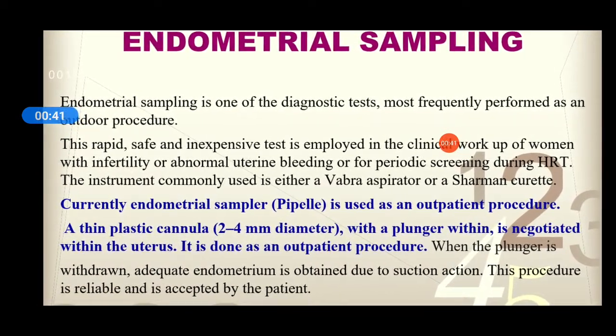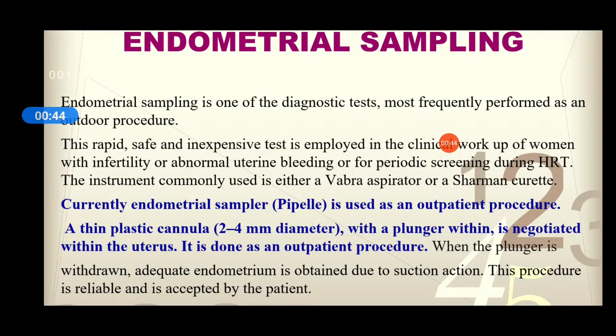The instrument commonly used is either a Vibra aspirator or a Sherman's curette. Here we use a Vibra aspirator or a Sherman's curette, or we can use an endometrial sampler or Pipelle. Currently the endometrial sampler or Pipelle is used as an outpatient procedure.